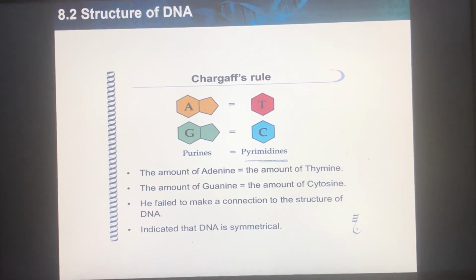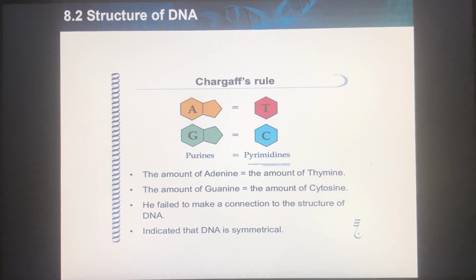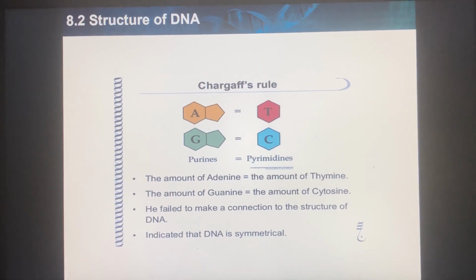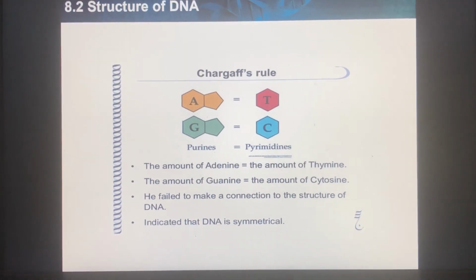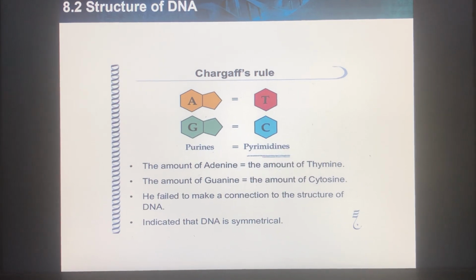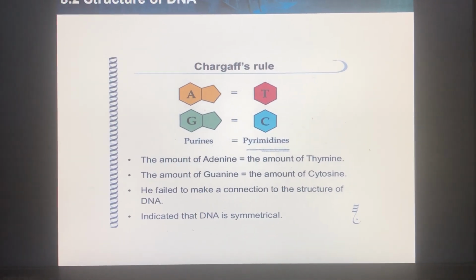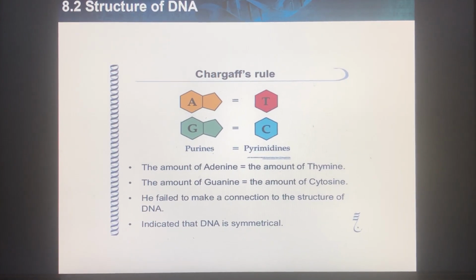He found that the proportion of A equals to T and the proportion of G equals to C. And he called this Chargaff's rule. Chargaff's rule stated that the amount of adenine is equal to the amount of thymine and the amount of guanine equals to the amount of cytosine.